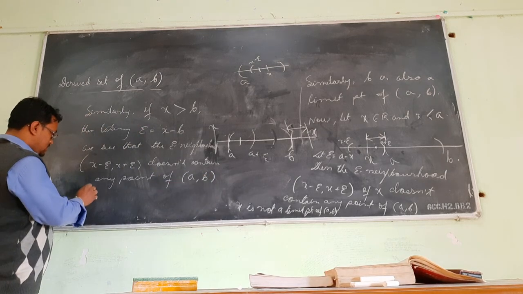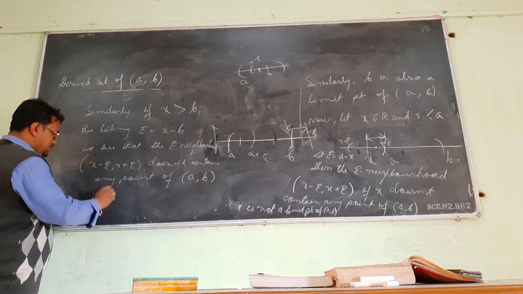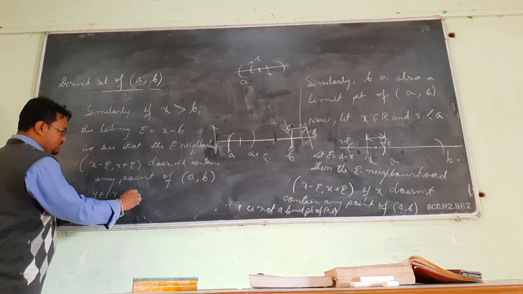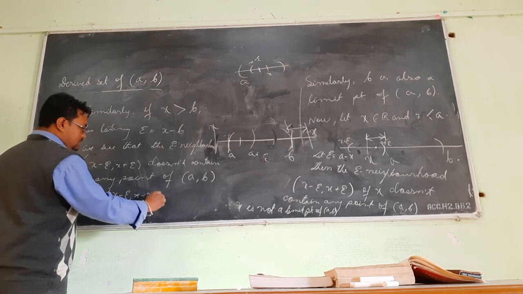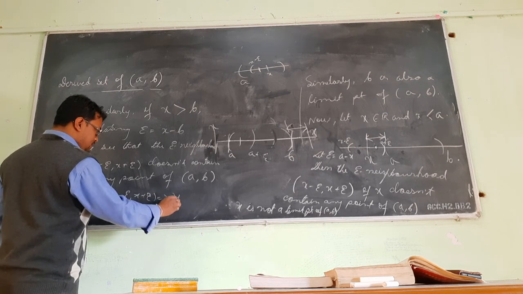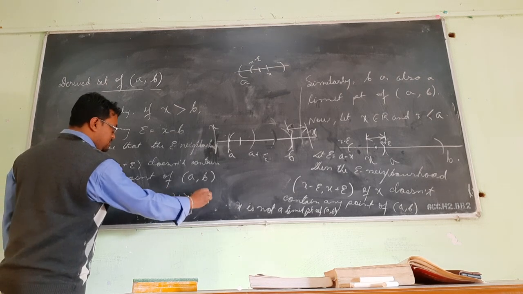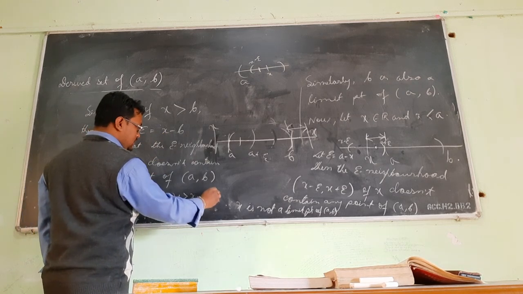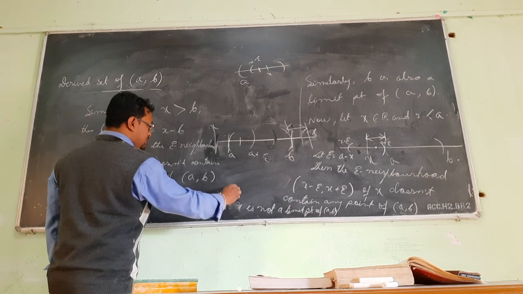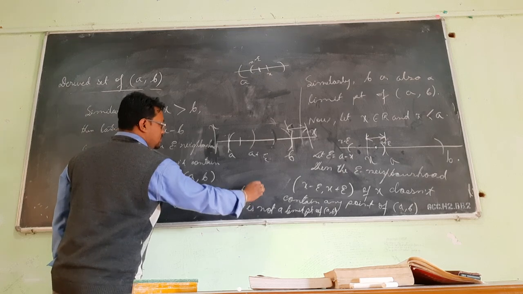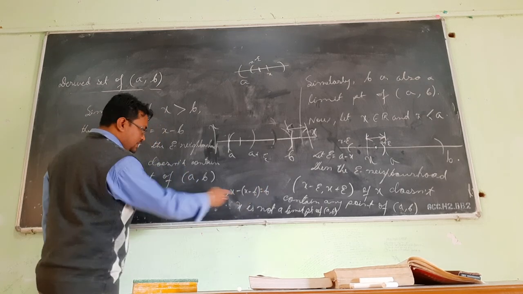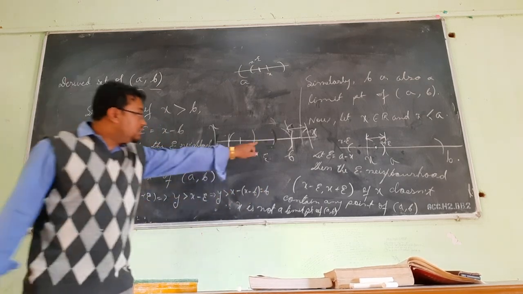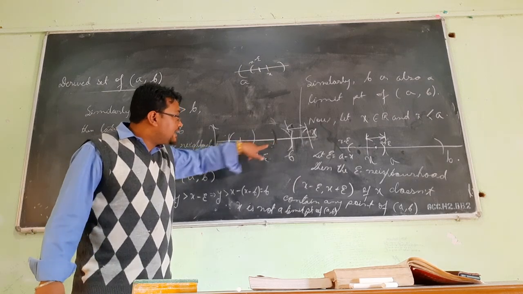Why? Because if y is a point in x minus epsilon to x plus epsilon, this implies y is strictly greater than x minus epsilon. And epsilon is x minus b, so y is strictly greater than x minus epsilon, which is b. So y is strictly greater than b, and y cannot be a point inside AB.